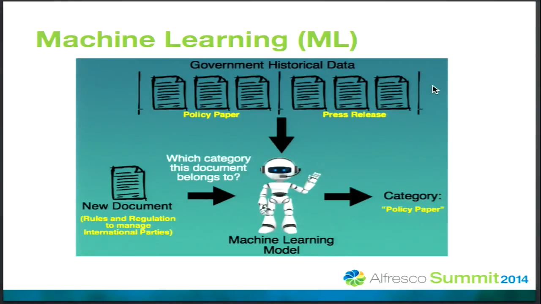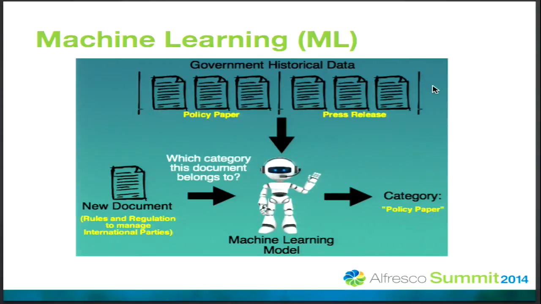There is also another application where they record audio in the sea and use it to identify whales and prevent them from colliding with ships. There are many different applications. Today we will be focusing on the application of machine learning in the ECM domain, basically content management systems.